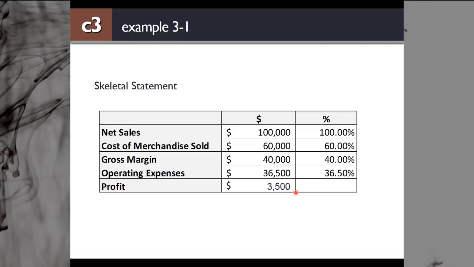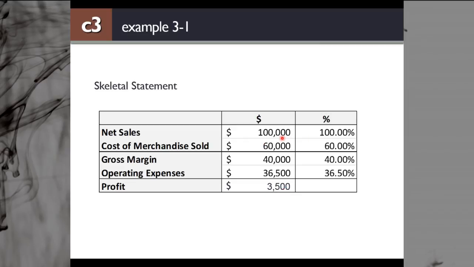And if you know this profit, you can calculate the percentage of this profit. Profit percentage, two ways, because you know the formula to calculate the profit, which is gross margin minus operating expenses. So there will be 40% minus 36.5%, or you can do 3,500 divided by, think about the hint, which one is going to be the denominator, go to the bottom.